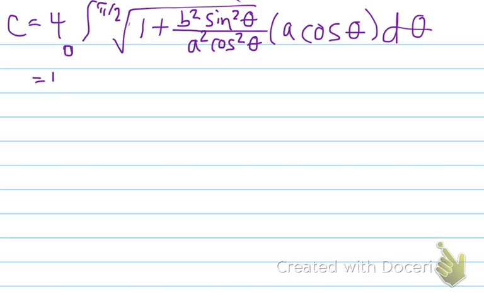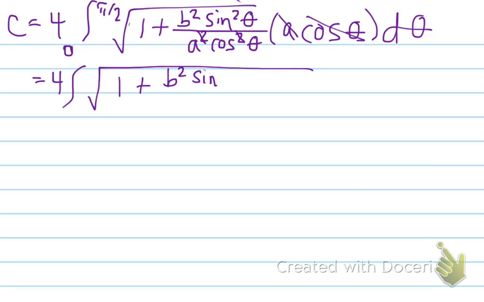I have 4 times the integral. I'm not going to write the 0 to pi over 2 for a bit. If I want to cancel out one of these a's with one of these a's, and one of these cosines with one of these cosines, I can do that. So I have 1 plus b squared sine squared theta over a cosine theta d theta, by the way.